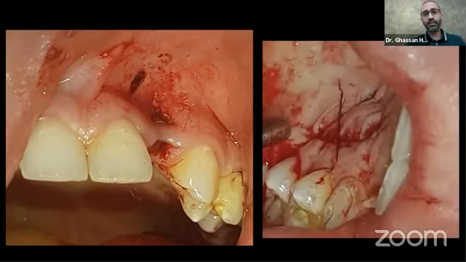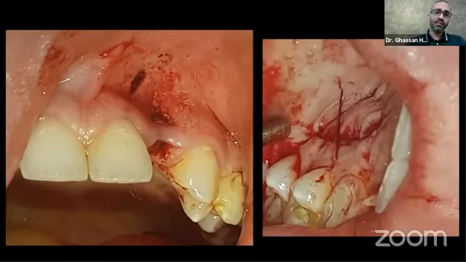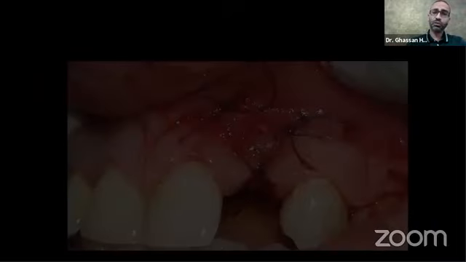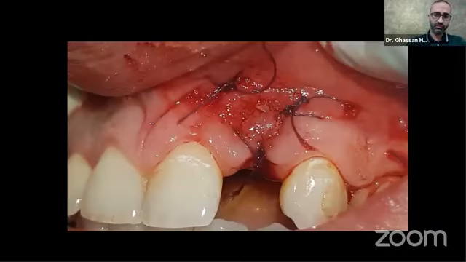Sorry, this is the palatal site. I did a single incision, and this is a crisscross suture, and usually I cover the donor site with platelet-rich fibrin. This is how it looks immediately after the surgery.